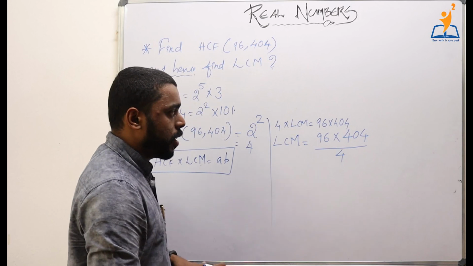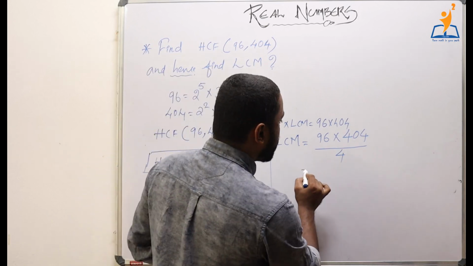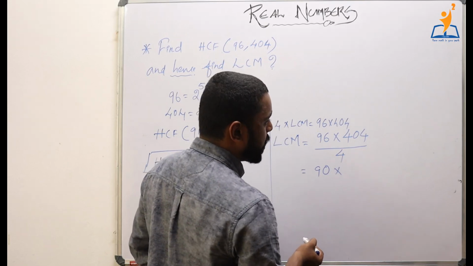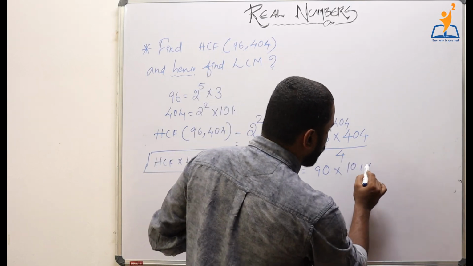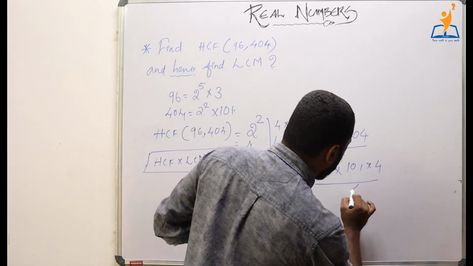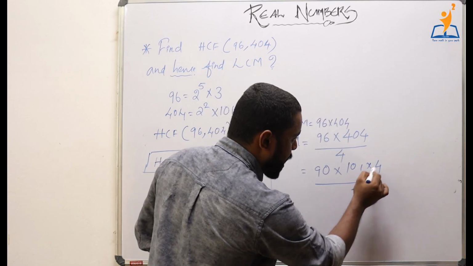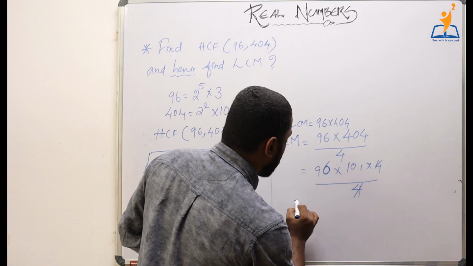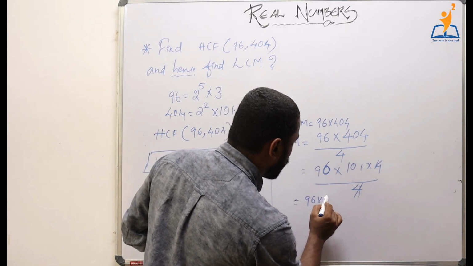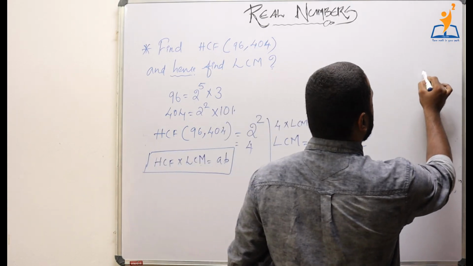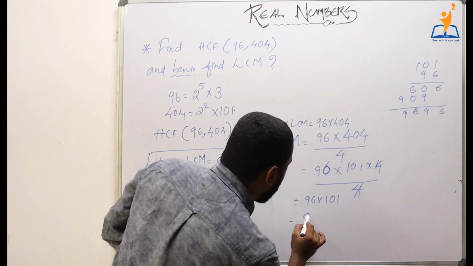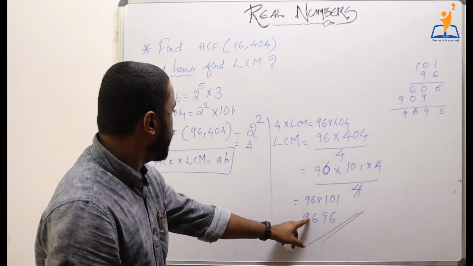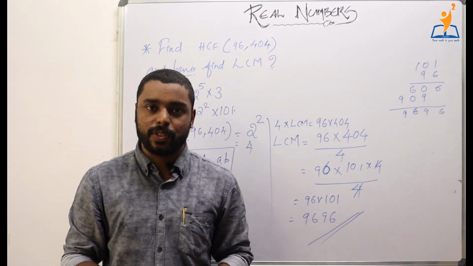Now 404 can be represented as 101 into 4, whole divided by 4. So we can cancel 4 and 4. So we get 96 into 101. So the answer is 9696. Hence we found the LCM and HCF successfully.